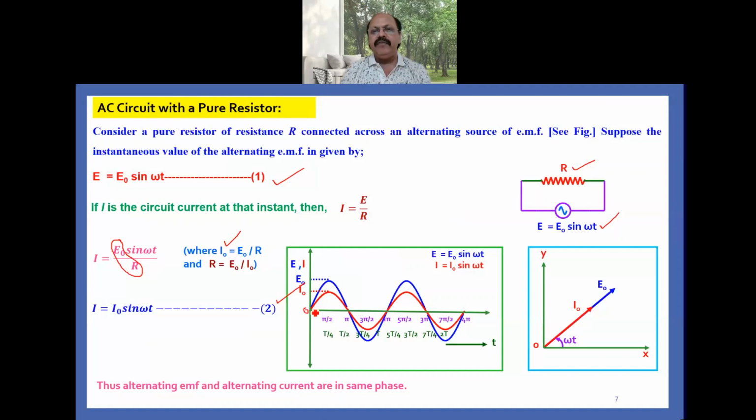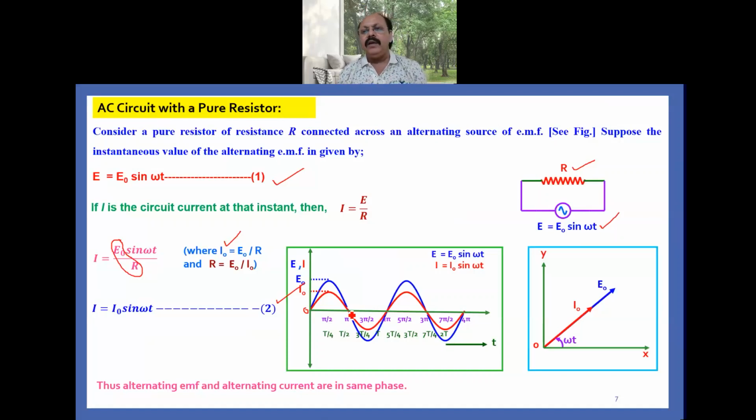So they are in the same phase, and when they reach here, the phase is pi for both alternating EMF and alternating current. That's why we say they are in the same phase. So this is the graphical representation of alternating EMF and alternating current in an AC circuit containing only the resistor.